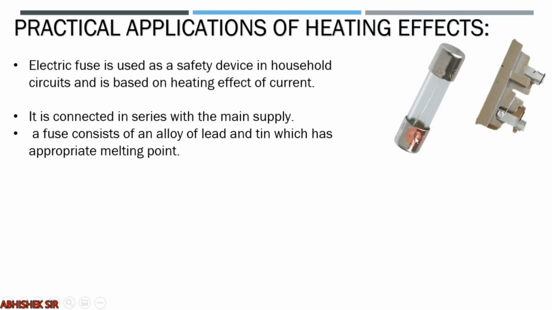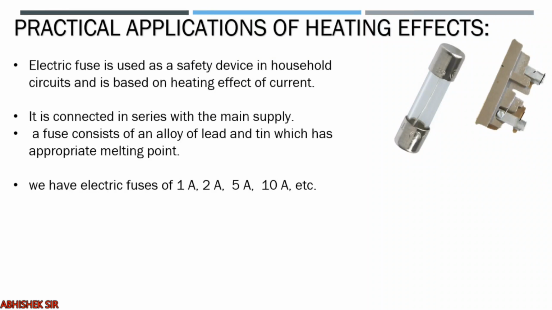Otherwise, in normal conditions, this wire will remain intact and all the current will flow very nicely. You can see this wire. It is connected in series, so whatever current is coming in for all the appliances will go through this fuse wire and then go into the house.